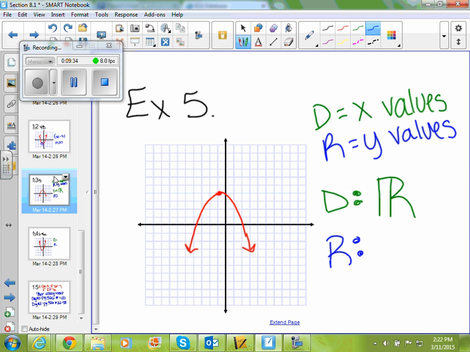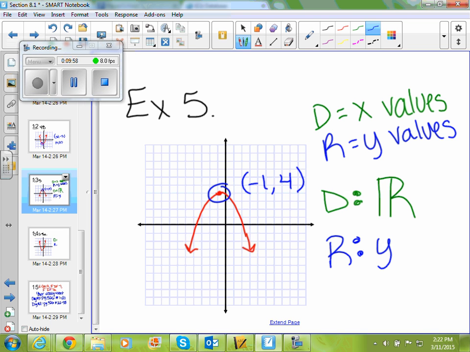Okay, now if we look at our y values, our range, we care about our y value only at our vertex. So what is my y value at my vertex? Negative 1, positive 4.